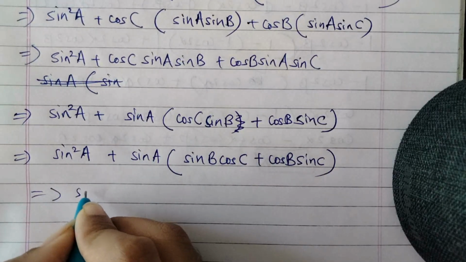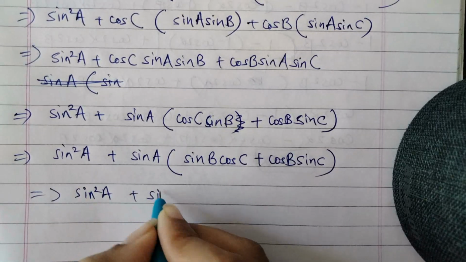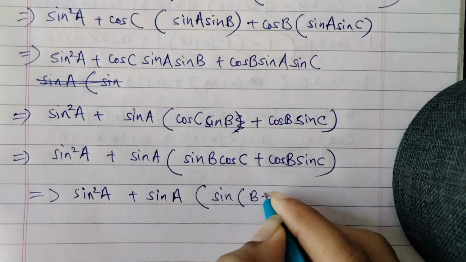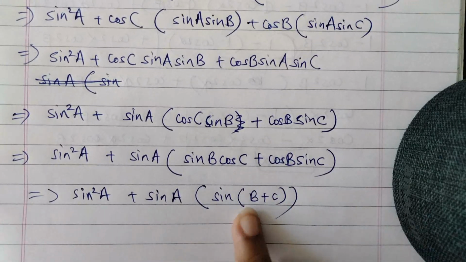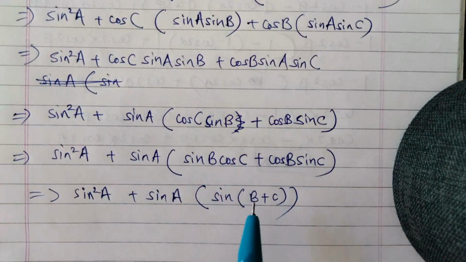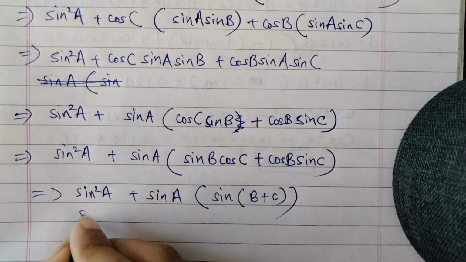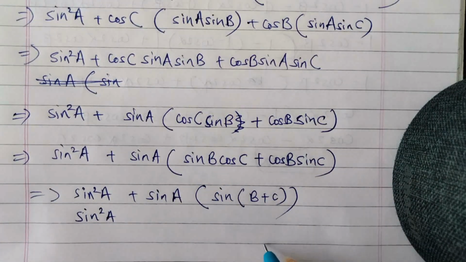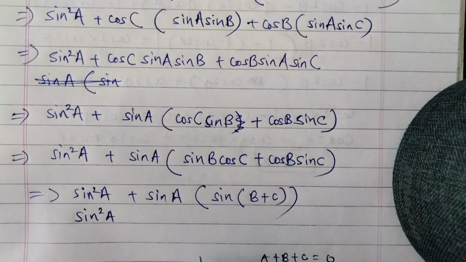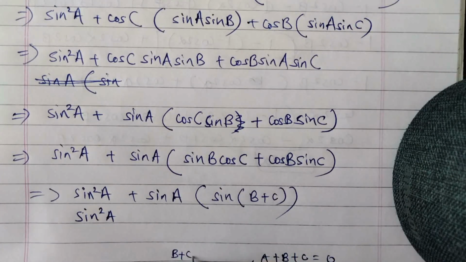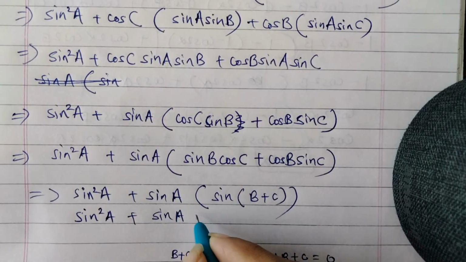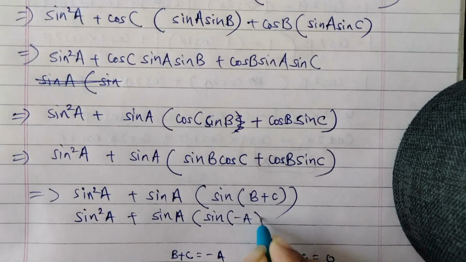So we can write this as sin square A plus sin A into sin of B plus C. Right, now we know using what is given in the question, A plus B plus C is equal to 0, so B plus C is equal to minus A. So here B plus C can be written as plus sin A into sin of minus A, right?